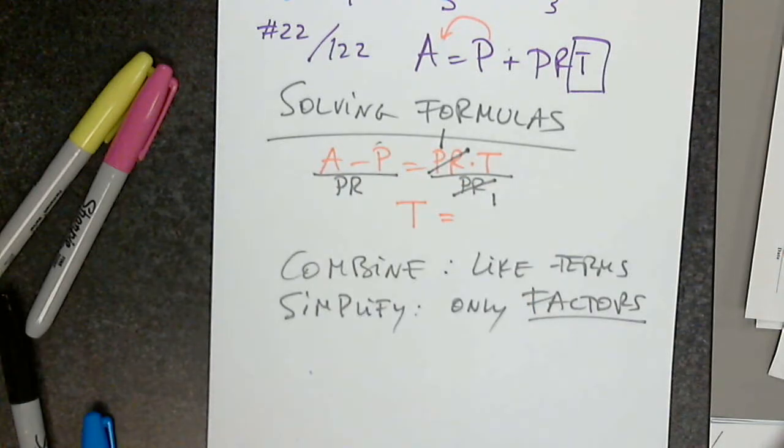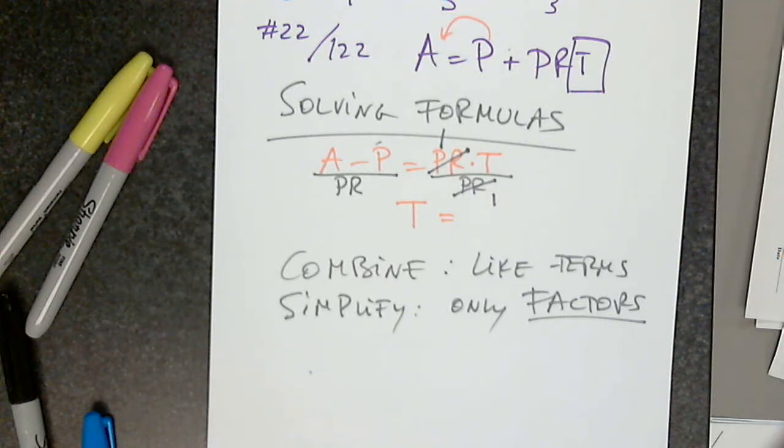Why? P and R are factors, that's fine. Not because of that. Is it because it's negative? No, not because of that. Because P at the top is not a factor, but a term.